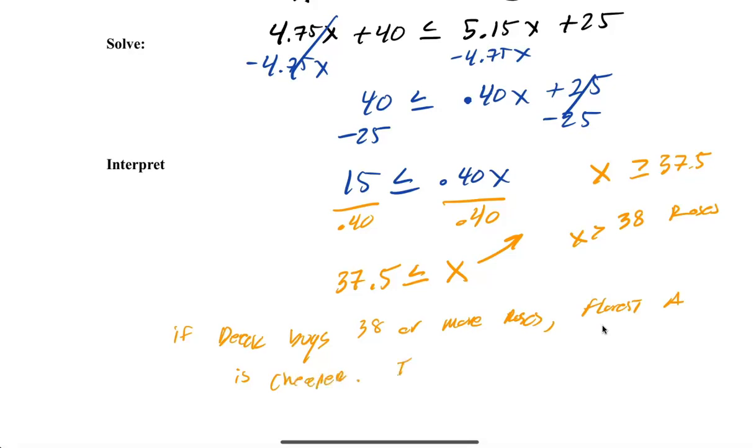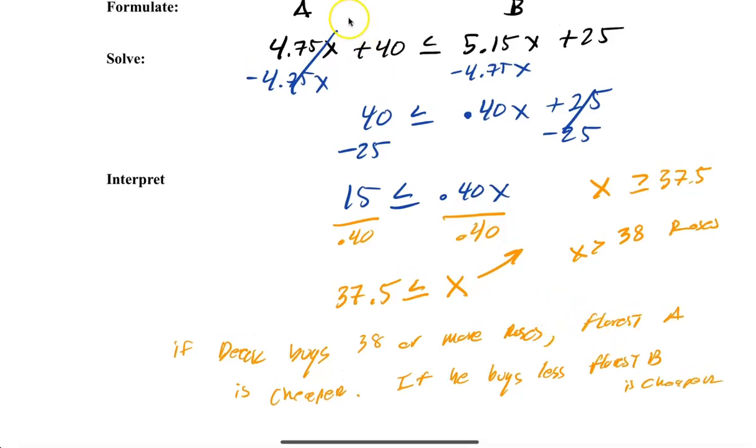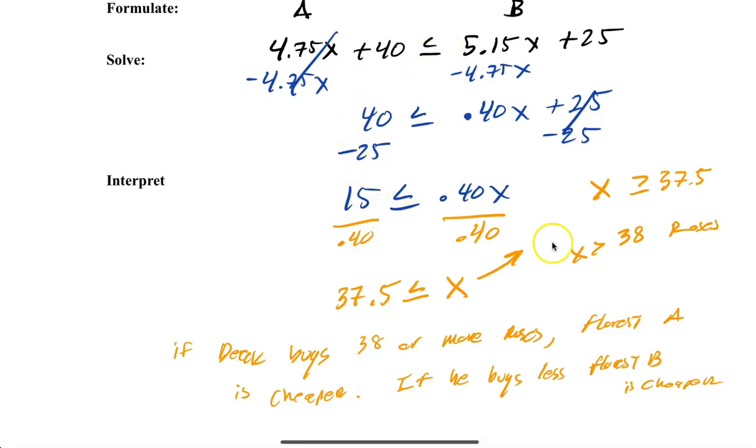If he buys less, Florist B is cheaper. Remember, that's the way we set it up. We set up A is less than B. So when we solved that, we got A is less than B when x is greater than 38. So if you buy more than 38 roses, then Florist A is cheaper. So that's how you do inequalities. And that's this lesson.